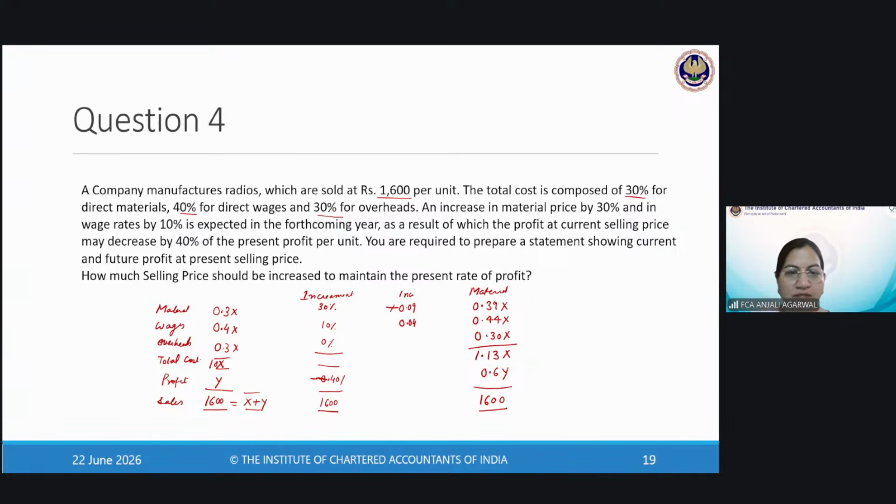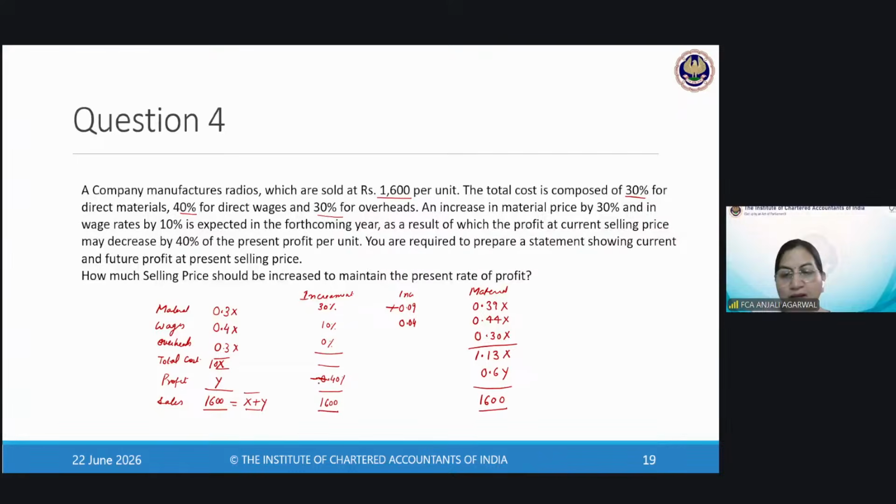So let's see what will be the new cost. Material will be now 0.39x. Wages will be 0.44x. Overheads will be 0.30x. So the overall cost will increase by 13%. So the total cost, which was 1x earlier, will now be 1.13x. The profit will now be 0.6y.